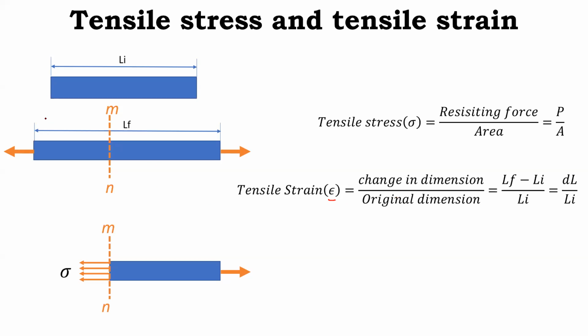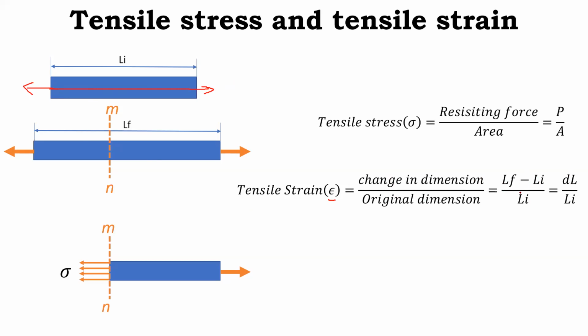Some dimension means here the important dimension is the length. So this rod has a length and we are applying the force in this direction. So length is also increased, and the change in the length is final length minus initial length divided by initial length. That is dl upon initial length Li. So that will give us the strain.